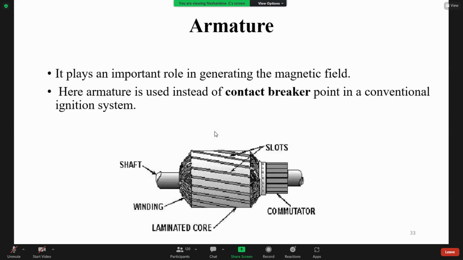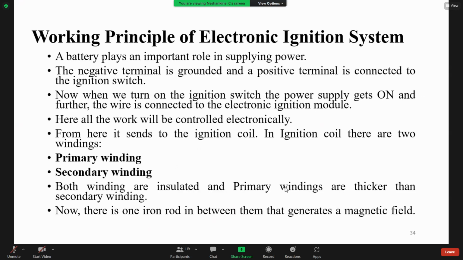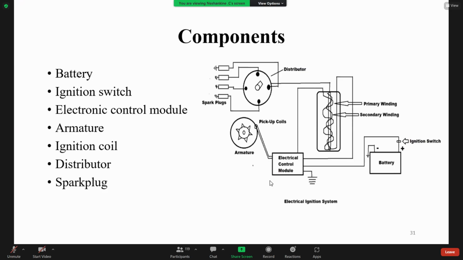Then armatures, I already discussed with you. Instead of a contact breaker, we use an armature. This one generates the magnetic field in this electronic ignition system. Okay, I will discuss this one later. First, write these slides.